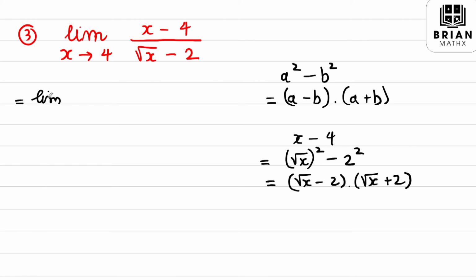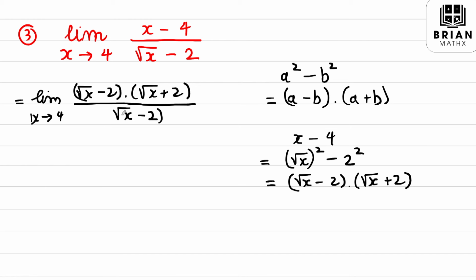When x approaches 4, the numerator becomes square root x minus 2 multiplied by square root x plus 2. And in the denominator, I have the factor square root x minus 2 here. The same thing, I cancel the common factor square root x minus 2.